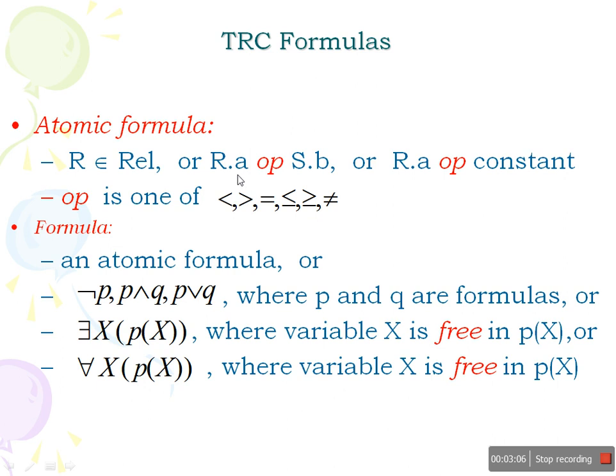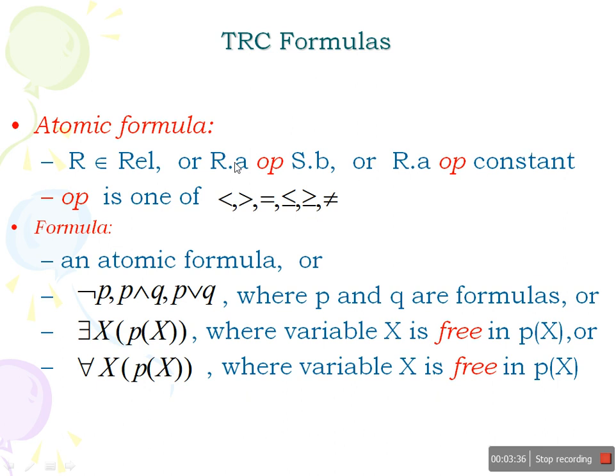Or R.A op S.B. Here R and S are the relations. S is also a relation, not a tuple variable, and A and B are the attributes of the respective relations R and S. Or R.A op constant. So you can have an attribute name, an operator followed by a constant value.